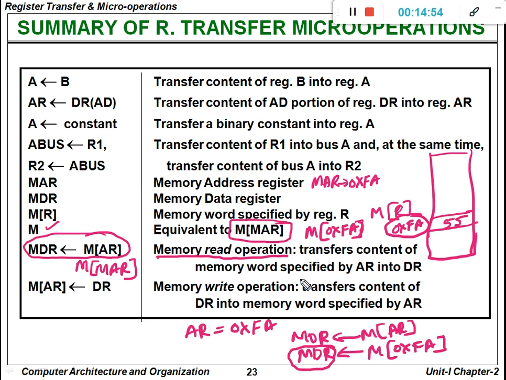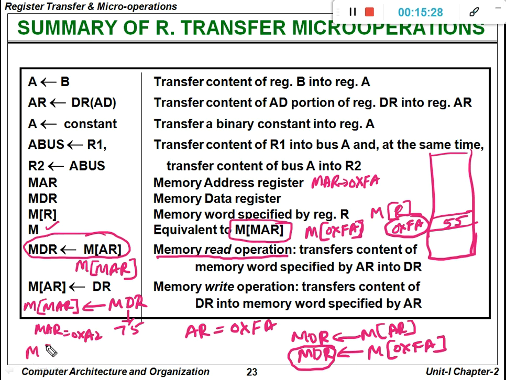Similarly, we can perform the memory write operation also. This can be written like this, or sometimes we may write M of MAR assignment MDR. What does it mean? Assume that MDR contains the value 75, and MAR is equal to 0xA2.